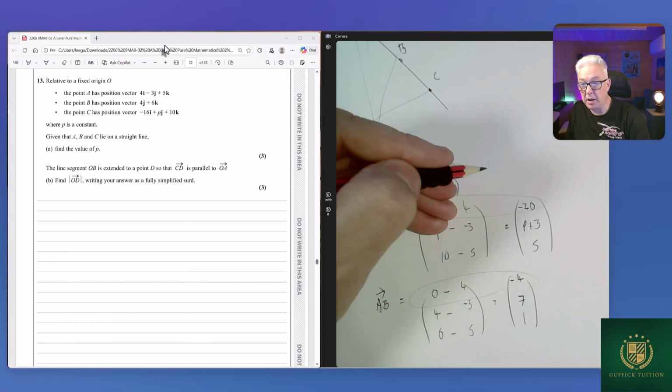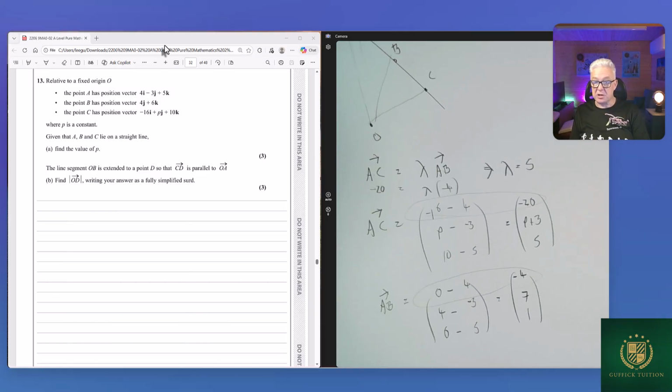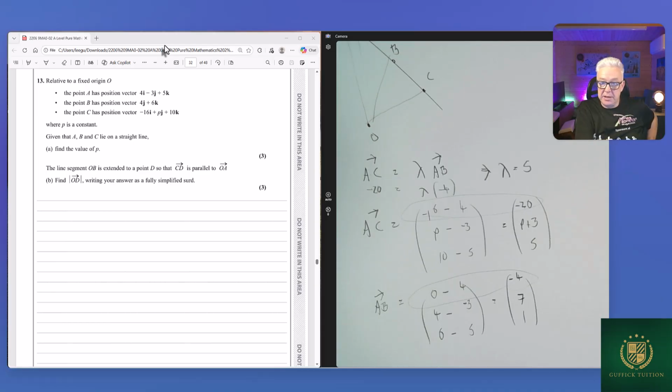So that's implying that the value of lambda is going to be 5. So our lambda is actually equal to 5. What we've done is found expressions for A to C and A to B, and used that to work out the scalar multiple, because as they're parallel, they've got to be scalar multiples of each other.